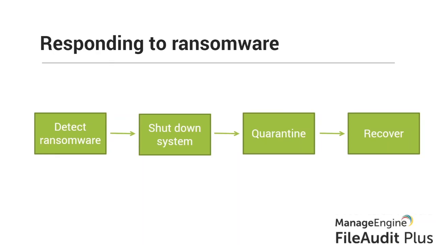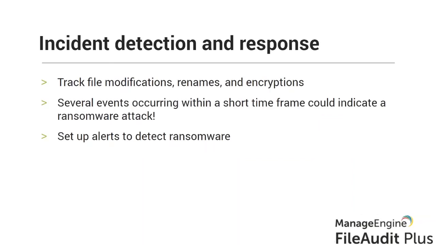And then once it's shut down, the attack cannot spread. So what you can do is then quarantine the affected system, clean it up, remove the infection, and then using your backup tool, you can recover the data and then put it back on the network, right? That way, you are safeguarding your data and you're not paying the hackers. You're good to go. This is the dream. This is what you need in your environment.